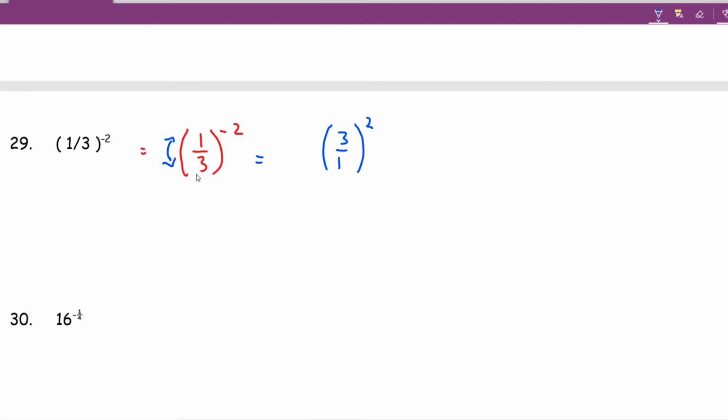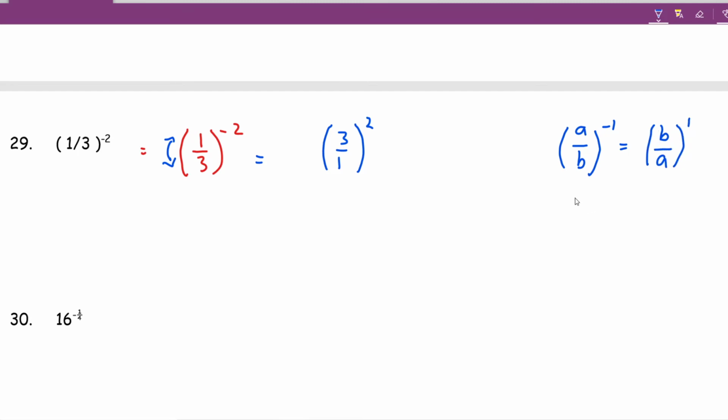So when you've got A over B, and you put that to the minus 1, that is the same as B over A to the power of 1.